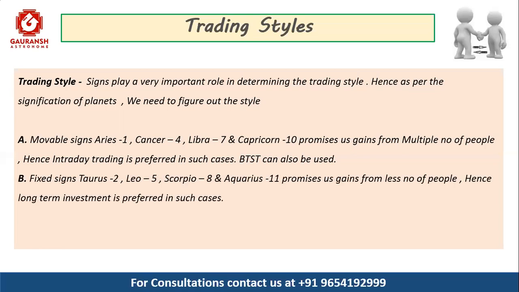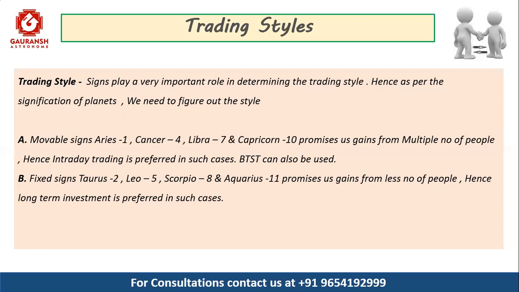Fixed signs, which are 2, 5, 8, 11: Taurus, Leo, Scorpio and Aquarius, they have a tendency to meet fewer people. So if they are quite active, they promise us gain from a limited number of people.